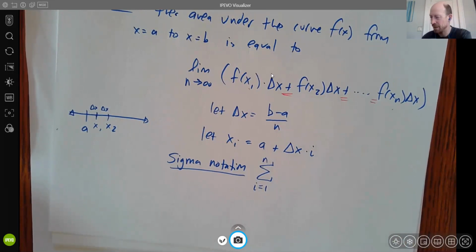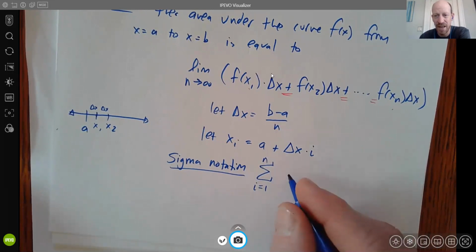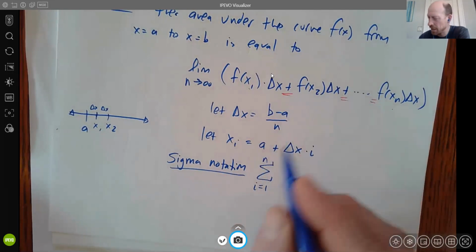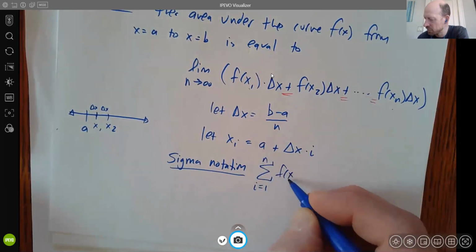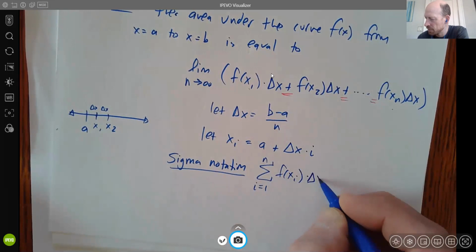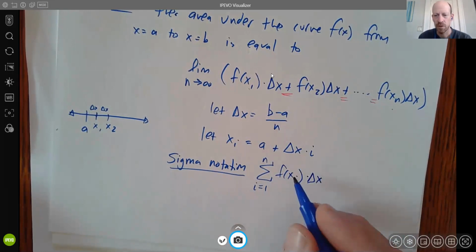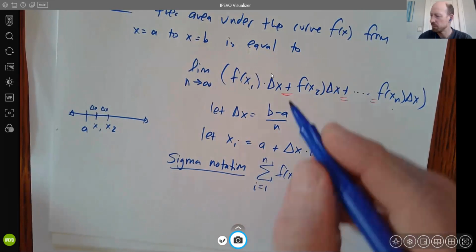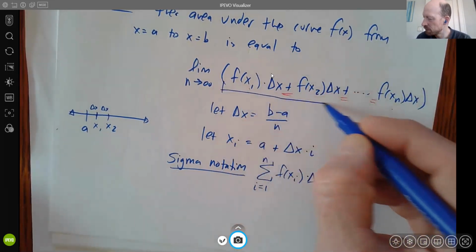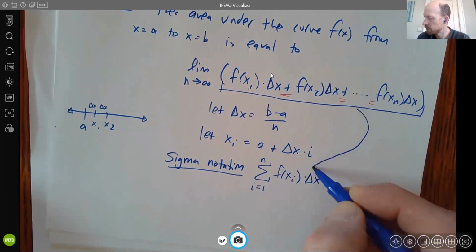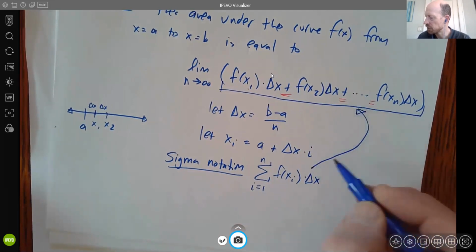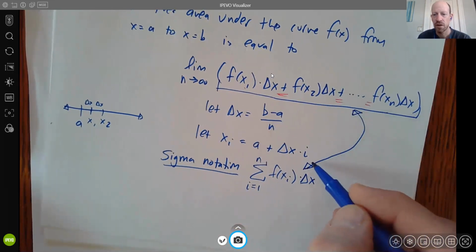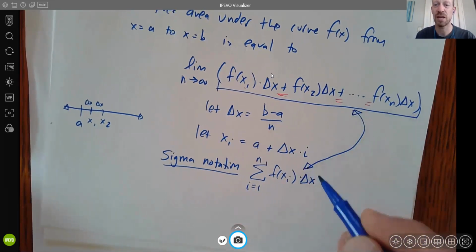Right? And then I need to tell it what kinds of things to add up. And what I want to add up are these things, right? I want to take f of x sub i times delta x. So this expression here gives me exactly this expression here. These are the same things. This is written using that sigma notation.